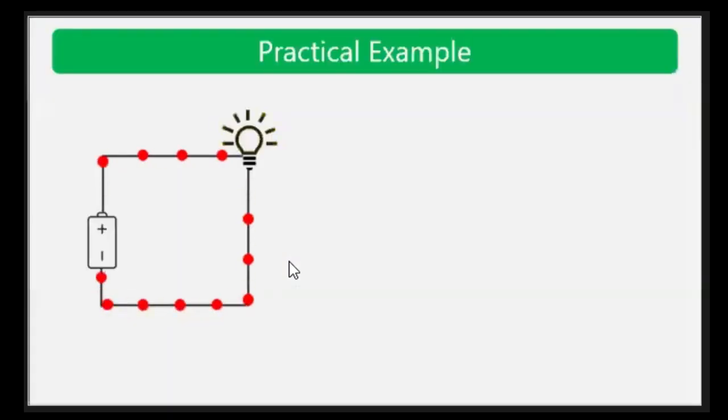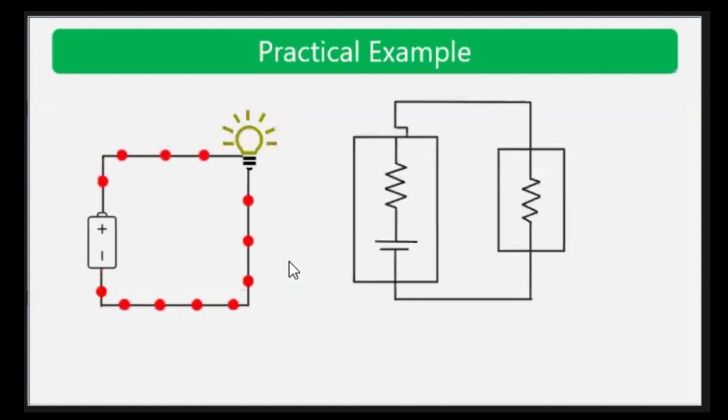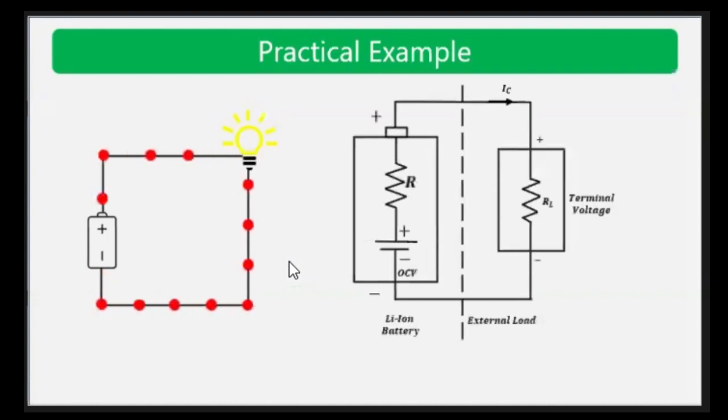So now we take a small example. This is an electric circuit, right? We have a circuit here, resistor. You know there is an internal resistance in the battery. How many of you know there is an internal resistance in the battery? When you connect a small LED bulb to a small battery, it lights up.